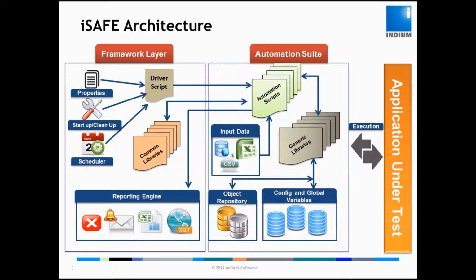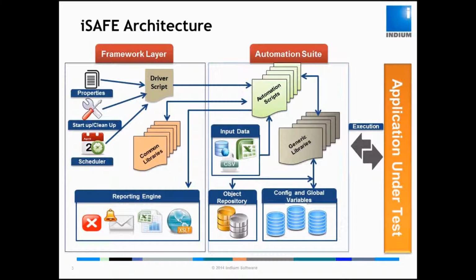And the driver script is responsible for coordinating between the various components of the framework. So we have common libraries, which are very high-level library files specific for generic needs. Instead of confusing, let me give a couple of examples.